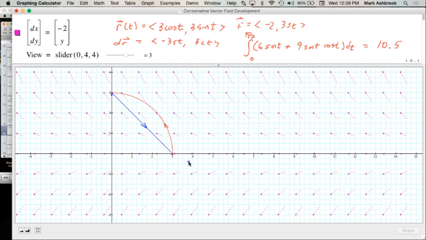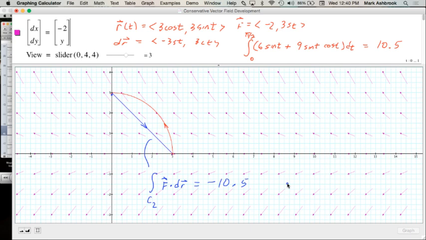What's the value of the line integral? Griffin has it. Matthew has it. Eric has it. Alex has it. Alex, what is it? Negative 10.5. Why is it negative 10.5? So this line integral right here along C2 of F dot dr.